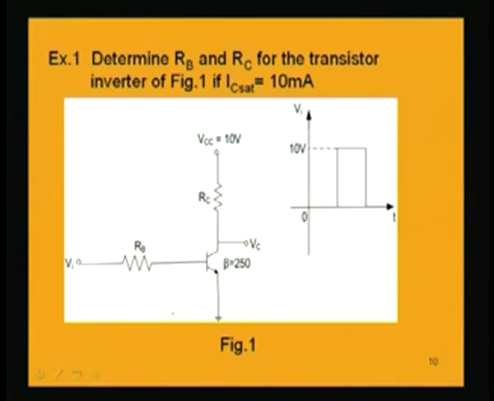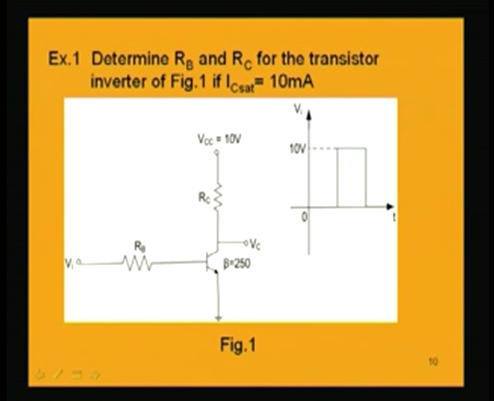Now, let us discuss another circuit like the one we have discussed, which is used for saturation and cutoff, and try to see if this amplifier circuit is also acting as a switch. In this example, we are taking VCC equal to 10 volt, and the resistances RB and RC are not known.